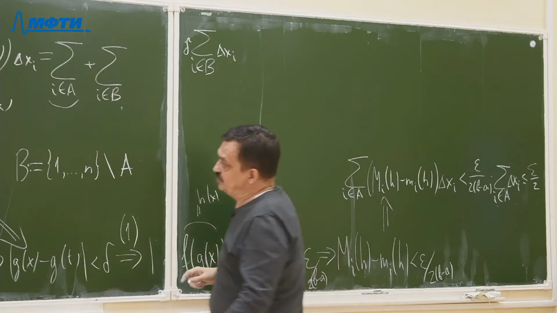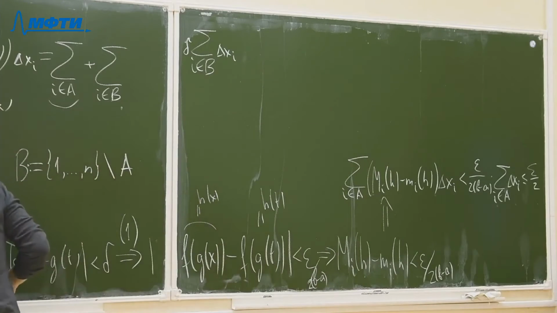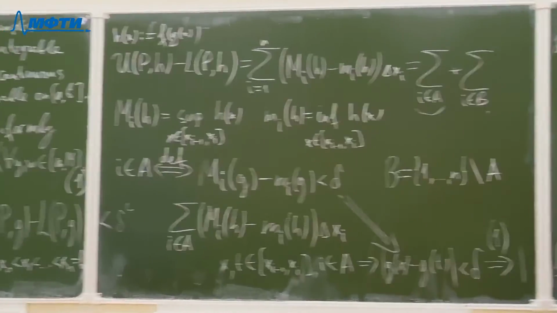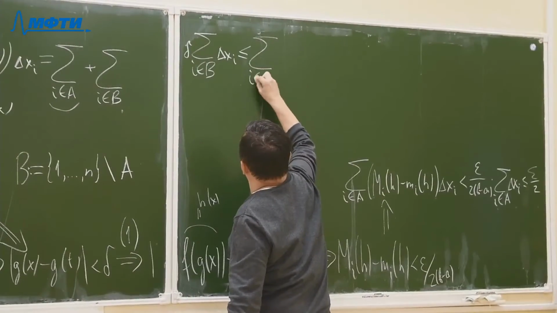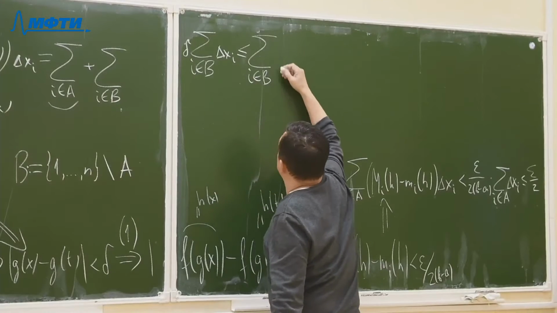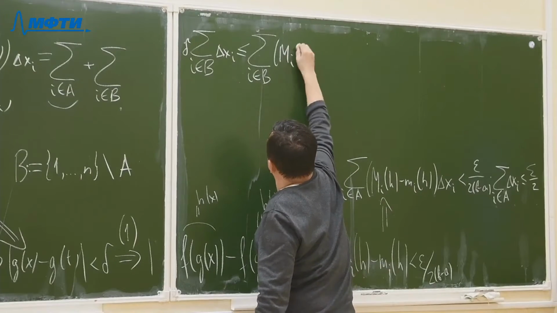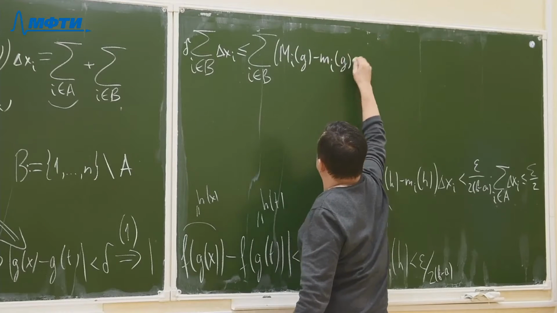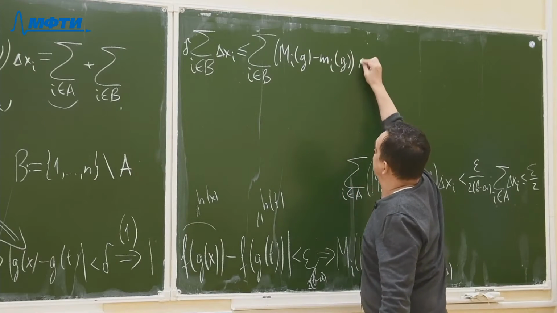By our choice of capital A, I can write the following: the sum of (M_i of g minus m_i of g) times delta x_i.